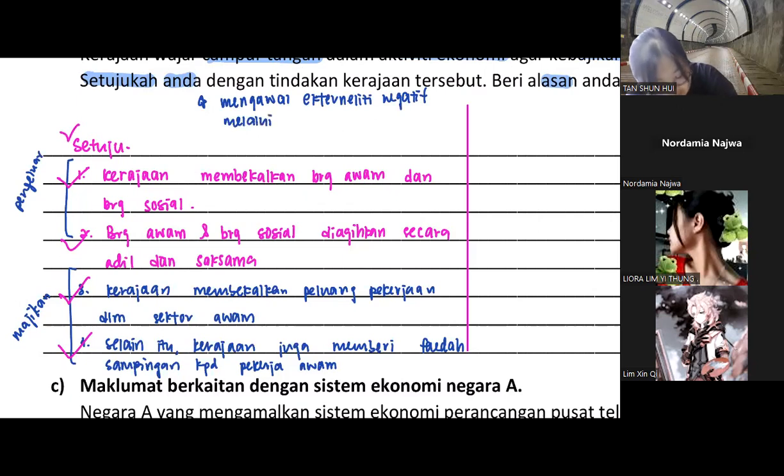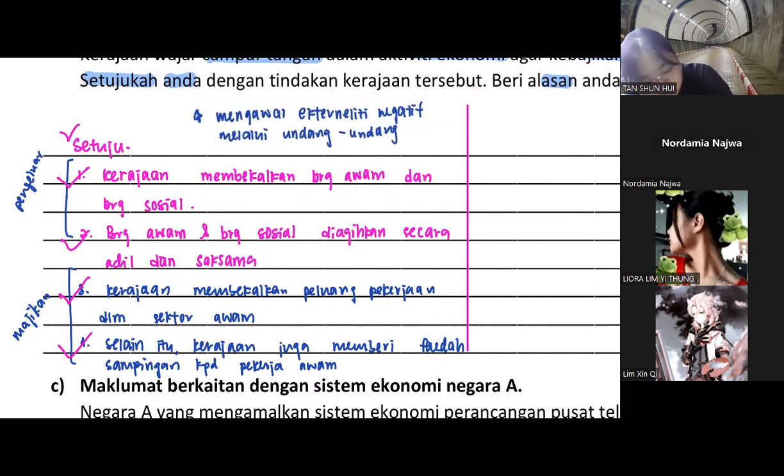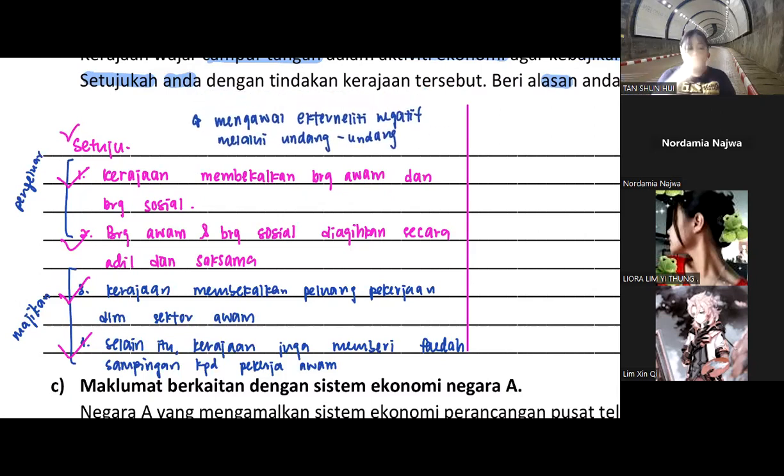But you need not go into detail on what the undang-undang is, because the aim here is to ask whether you agree with the government campur tangan. The keyword is still campur tangan. Melalui undang-undang can be your answer as well. The star here is just because I do not have enough place to write. It can be part of your points.